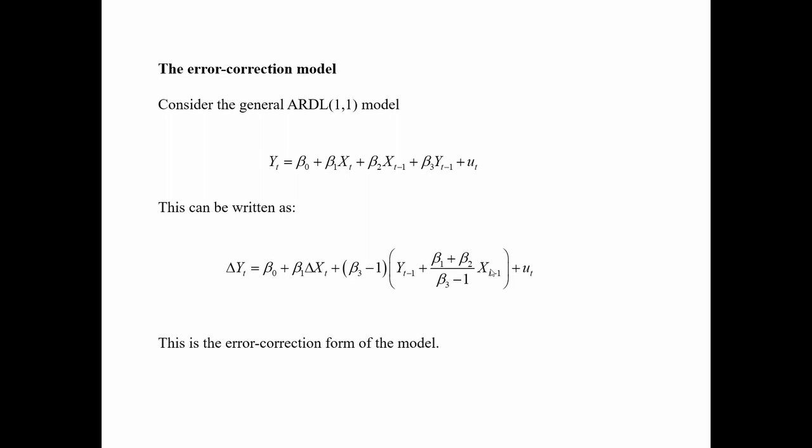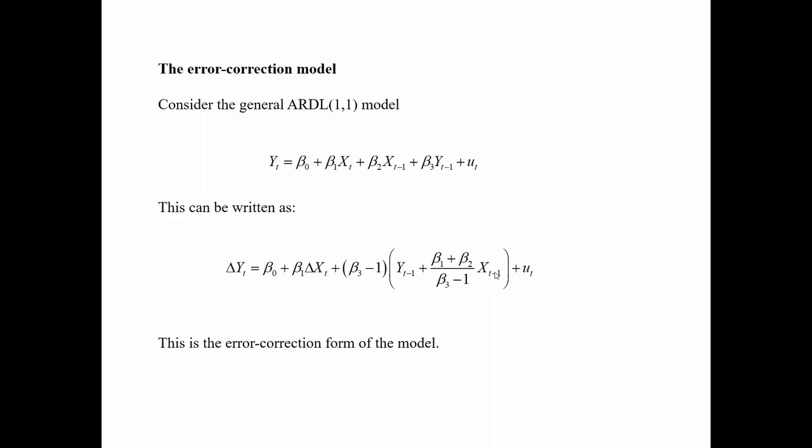Basically, we've separated this equation out into two parts. A part that depends upon deltas or changes in the variables, which represents the short-run relationship between y and x, and a part that represents the relationship between the levels of y and the level of x, which constitutes the long-run relationship. This is what we call the error correction form of the model.